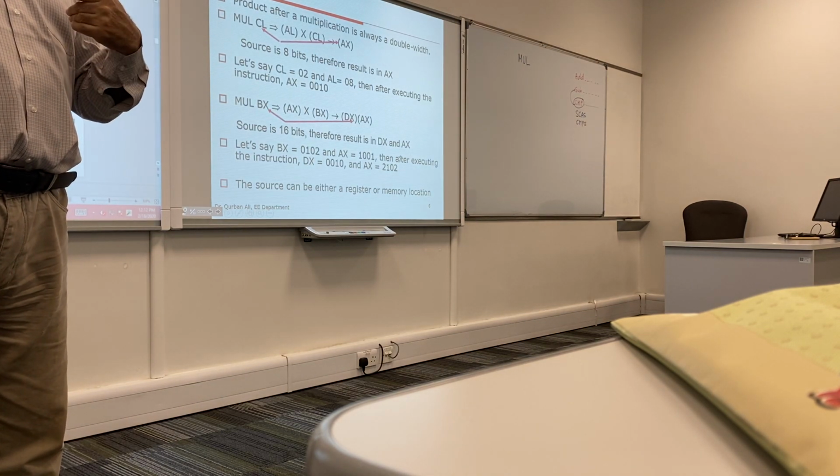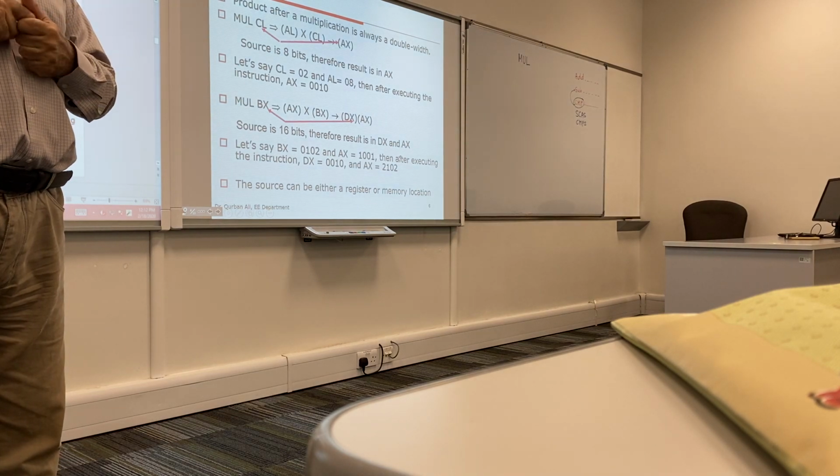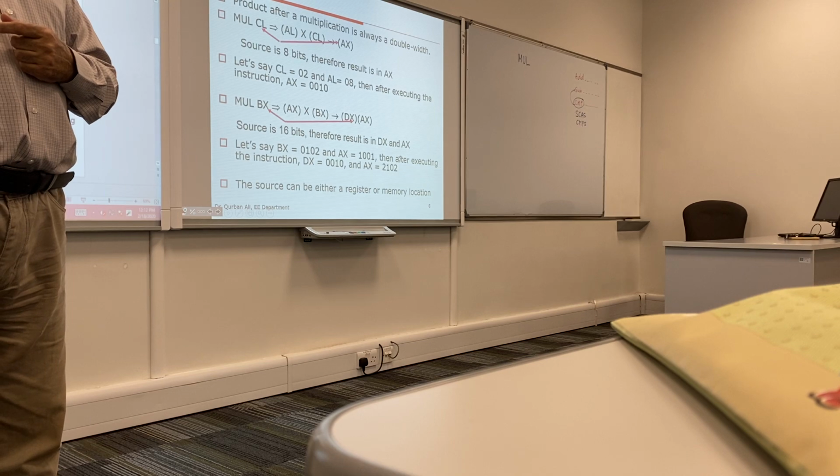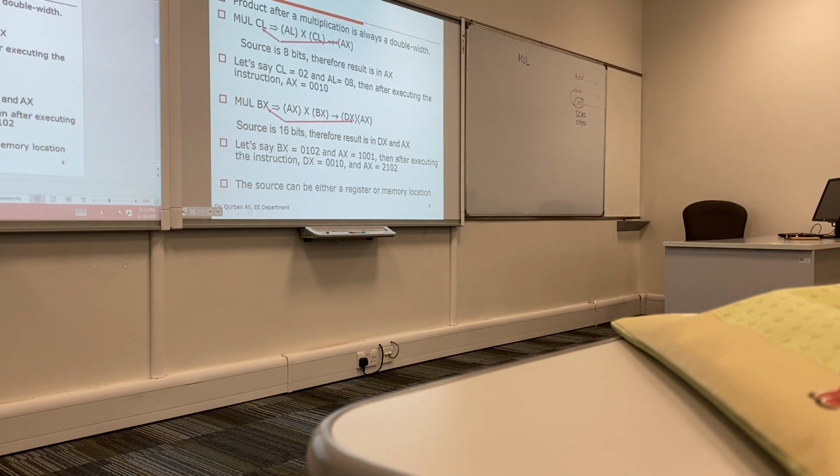We will place one of them into AL, but when we say mul, we only name the other operand. Let's say I have one value in AL, another value in BL, so I will simply say mul BL, because the other value is already understood by the microprocessor, it is in AL.